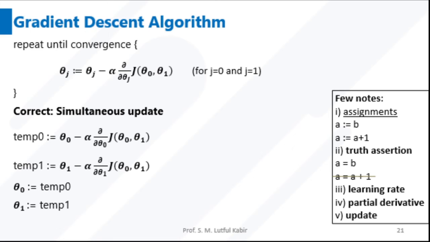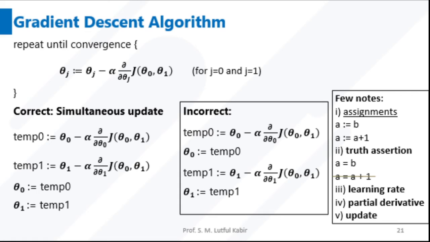And here is the incorrect implementation that does not do a simultaneous update, because you have now plugged the new value of theta 0 into the next equation. When people talk about gradient descent, they always mean simultaneous update. We are going to go into the details of the derivative term, and we'll let you know everything you need to compute that derivative term.